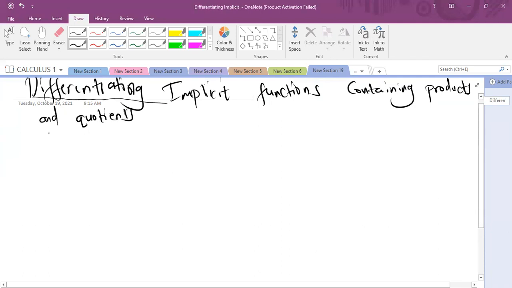How do we go about differentiating such functions, guys?